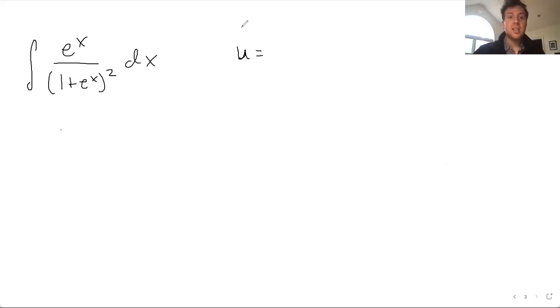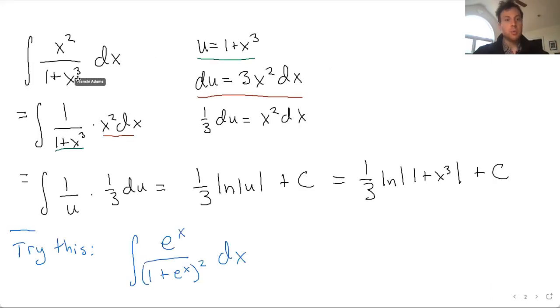One thing worth bringing up is why wouldn't you choose just the entire bottom? In the previous example, I chose 1 plus x cubed, the whole bottom, and it worked out.